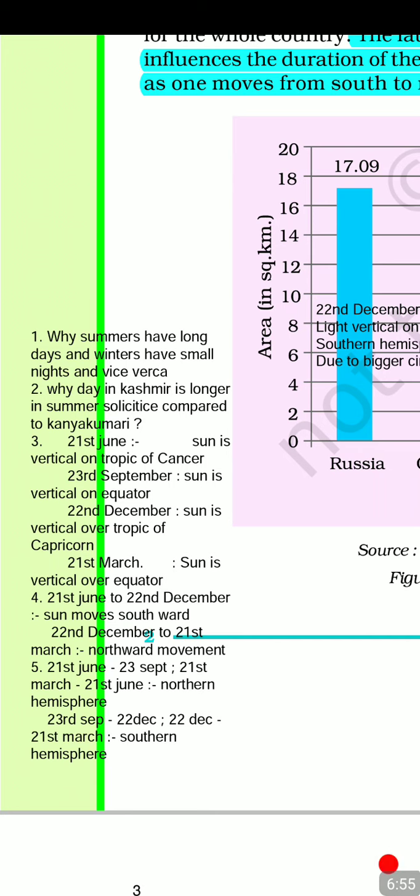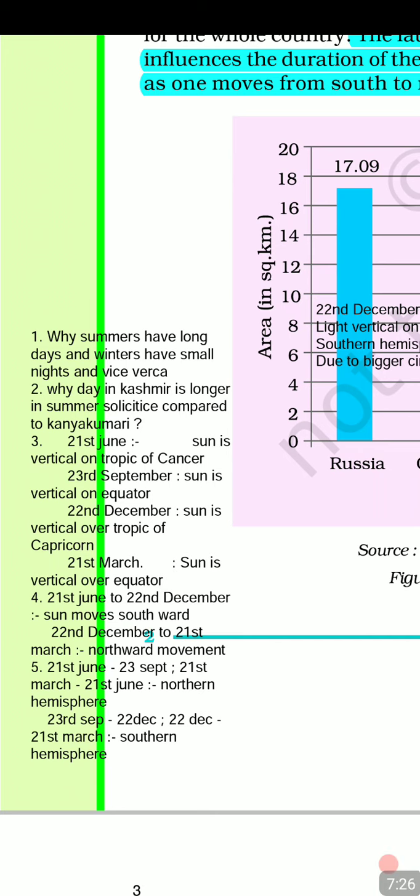Then again, 21st March, sun is vertically over equator again, right? So 21st June to 22nd December, sun moves southward. 22nd December to 21st March, there is a northward movement of the sun. From 21st March to 23rd September, sun is on the northern hemisphere, and from 23rd September to 21st March, sun is on the southern hemisphere.